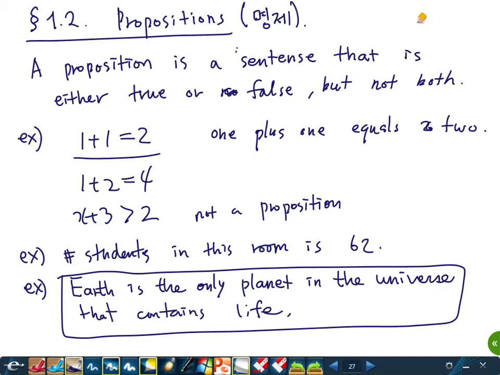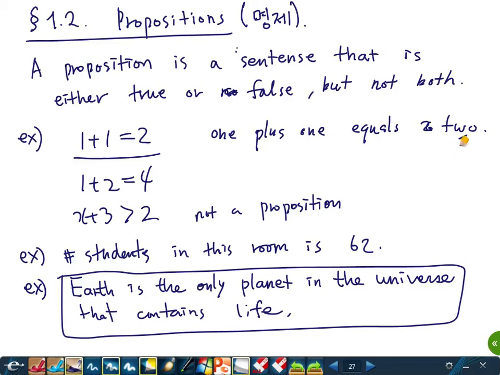Here, did I write that somebody has to know that this is true or false? I didn't say that, right? If it's either true or false, it doesn't matter. There is someone who can tell you that this is true or false. It's not in the definition. All right? So in doing mathematics, you have to really use the definitions only.